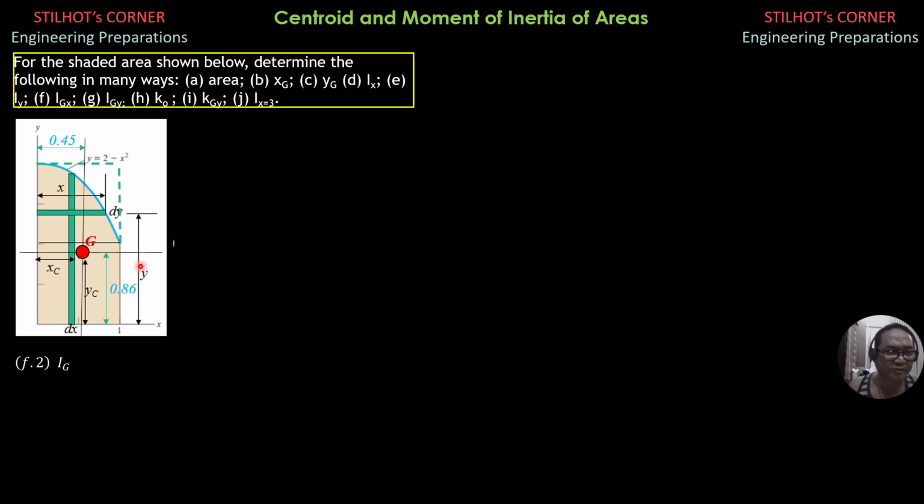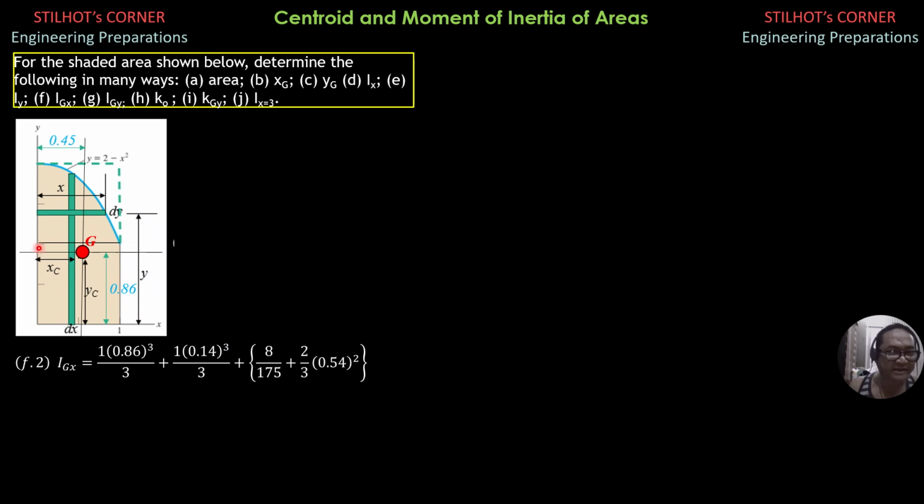So F.2, IGX is equal to the moment of inertia of a rectangle of height 0.86, because this is the centroid. So the base is 1, 0.86 cube over 3 with respect to the base, because the axis coincides with the base. This is the base also.